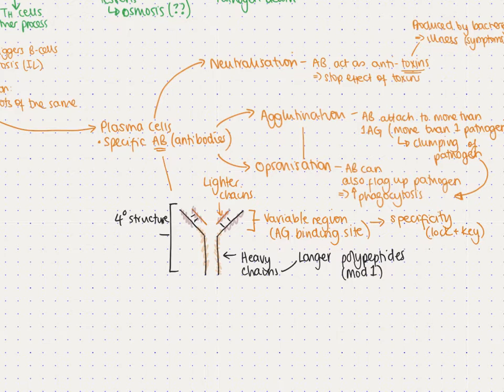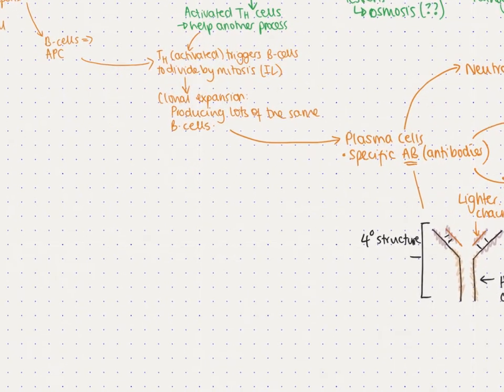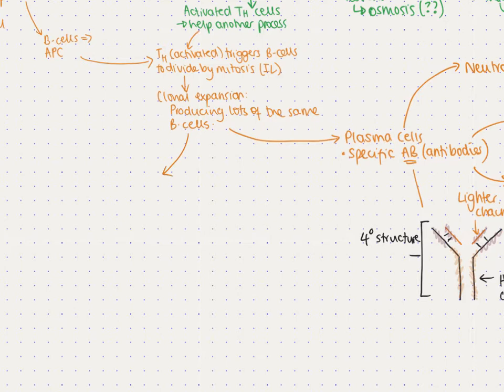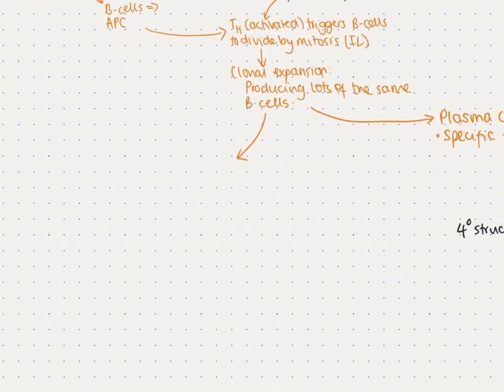Now, if we go back over to the types of B cells that we can have, we've also got, even more importantly, I would say, again, in terms of memory, B memory cells. And these are like the T memory cells.